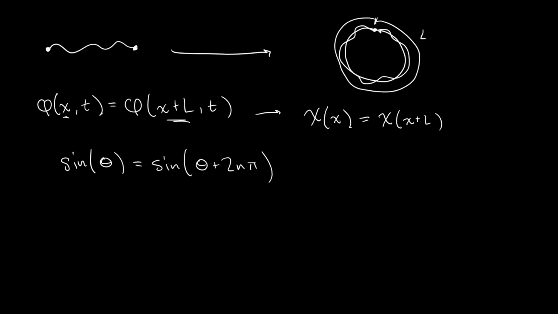If I go one full rotation or two full rotations, whatever, an integer number of rotations, the sine and cosine functions just ensure that I end up exactly where I started.